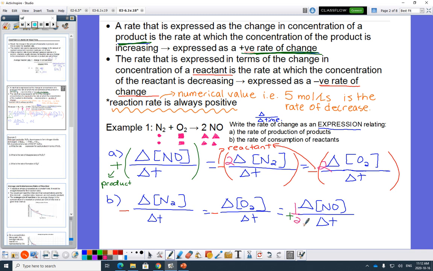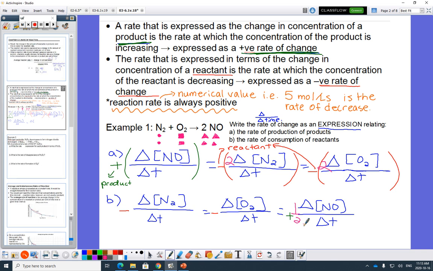Or you can think of it like these two are being consumed half as fast as this is being produced. Or this is being produced twice as fast as these are being consumed. These are equivalent. The negative rate of change goes with the reactants, positive with the products, and then you just have to put the coefficients in the appropriate spots.